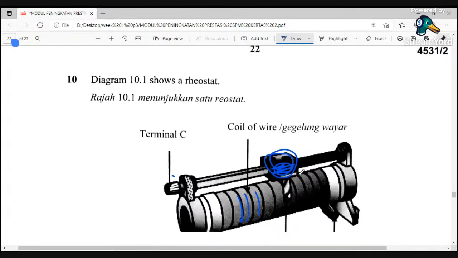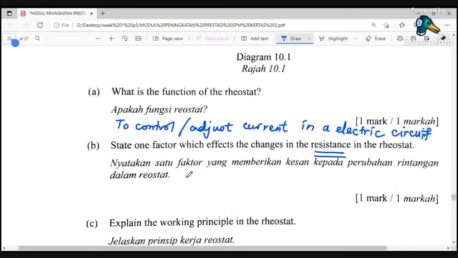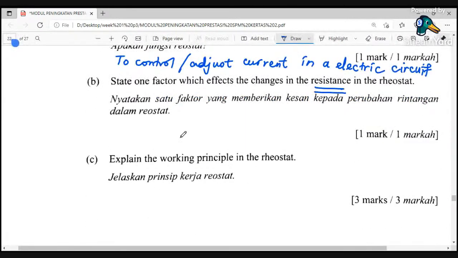When you connect, you need to connect to terminal B and terminal C so that it functions as a variable resistor. If you slide the slider, you are changing the length of the wire connected. Different number of turns means different length of conductor.